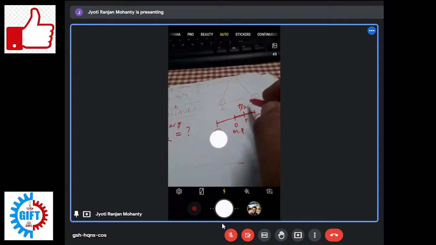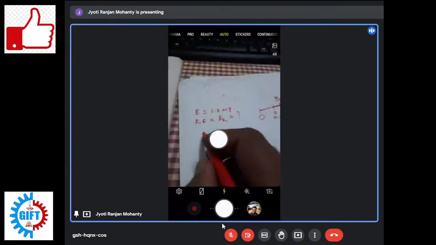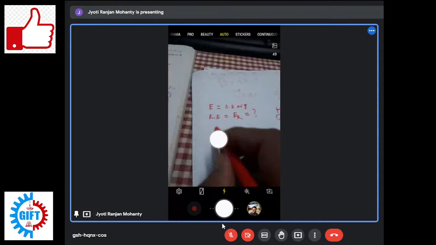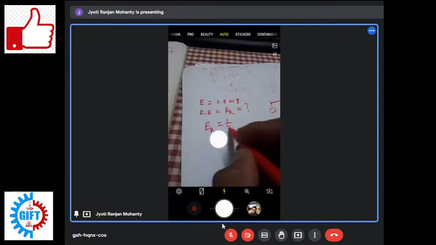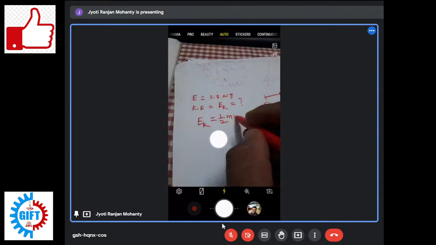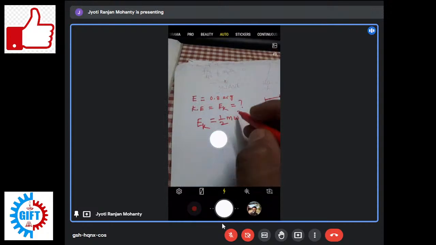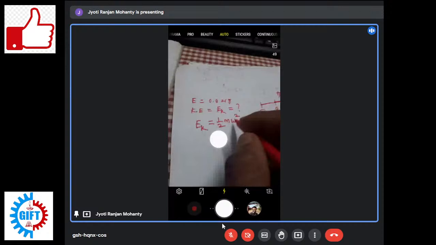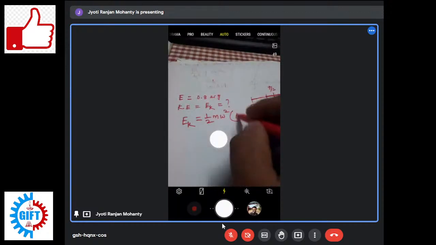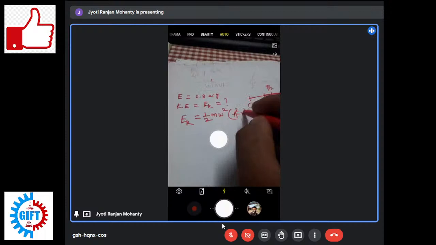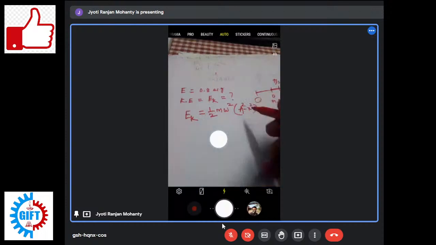So what is your kinetic energy formula? Kinetic energy is equal to half m v square. Here, if you put v, this will be half m omega square times a square minus x square.